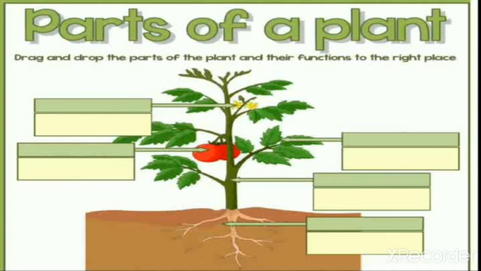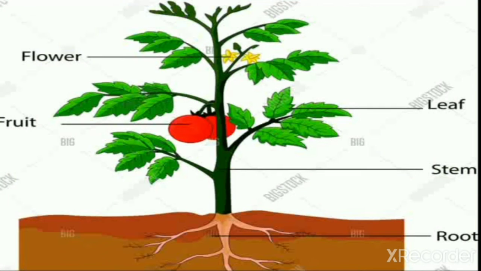Okay, I tell you. We learn about parts of the plant. How many parts of the plant and which are they? We see these two pictures and we learn about 5 parts of the plant. Flower, fruit, leaf, stem and root are parts of the plant.